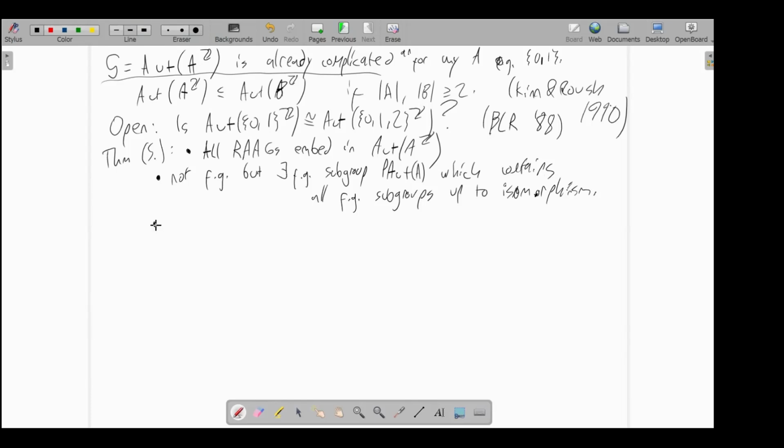And what about the finitely generated subgroups? Do they, for example, have exponential growth? Yes. So all RAAGs embed, and RAAGs include free groups. And then this POUT, because it contains all the finitely generated subgroups, for example, contains F2, because F2 is a finitely generated subgroup of the automorphism group.